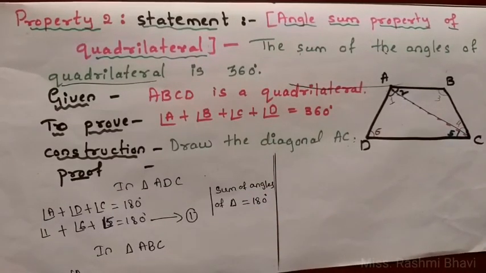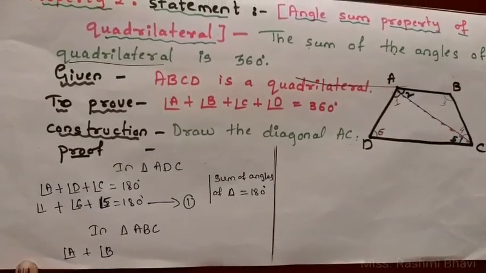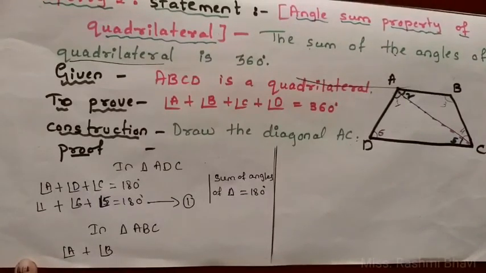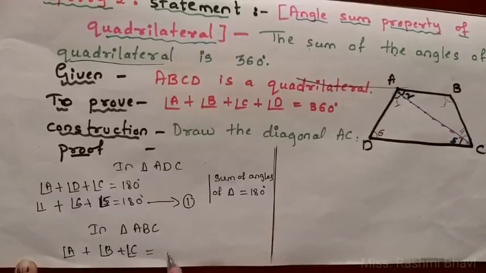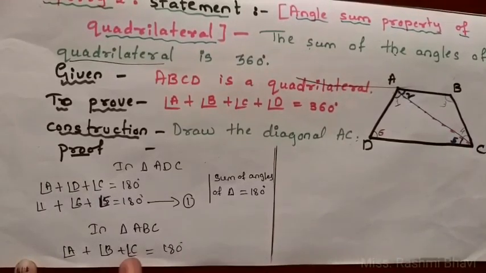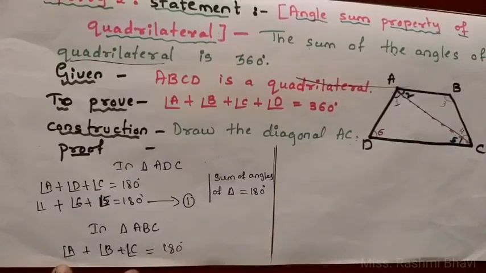Angle A plus angle B plus angle C is equal to 180 degrees. We are using the condition that the sum of the angles of a triangle is 180 degrees.